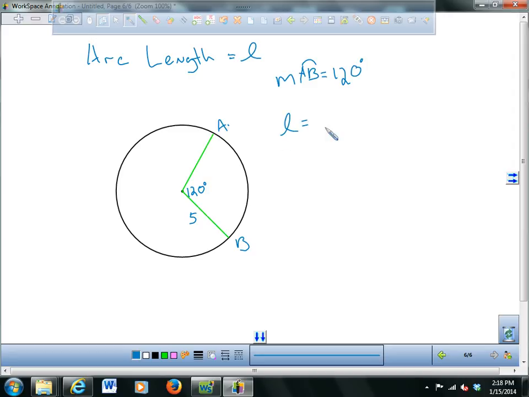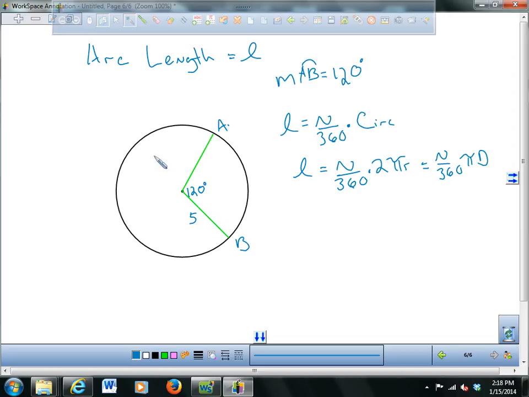L equals N over 360 times circumference. Okay? Or you can write it as L equals N over 360 times 2 pi r, or N over 360 times pi times the diameter.